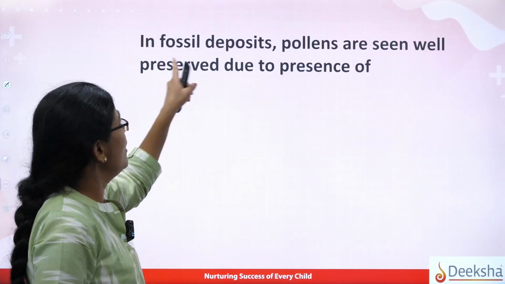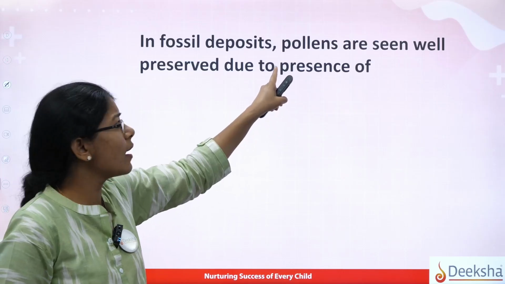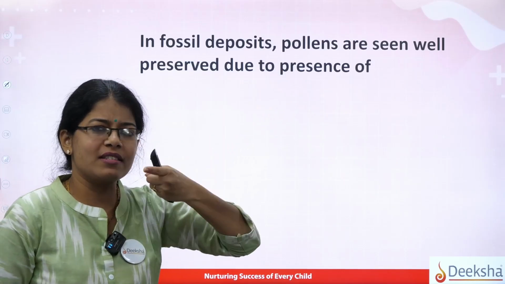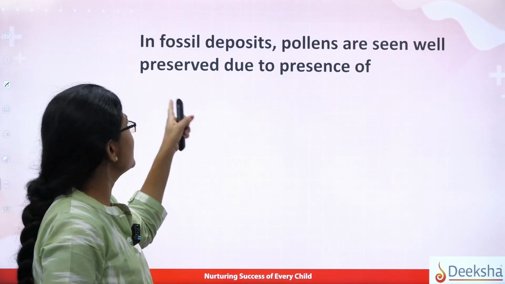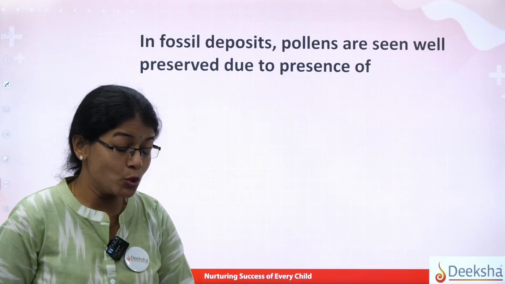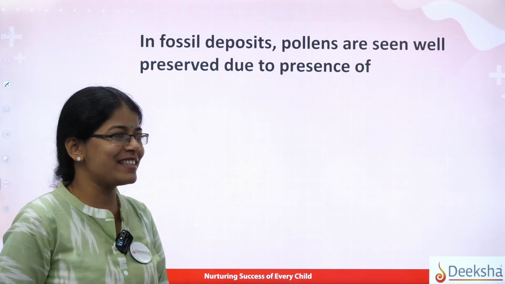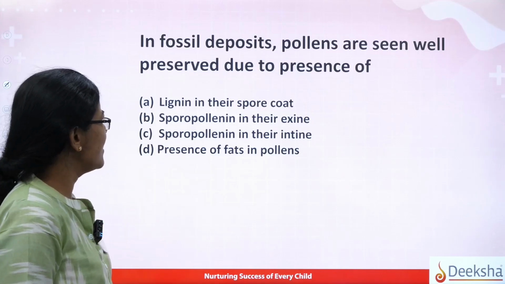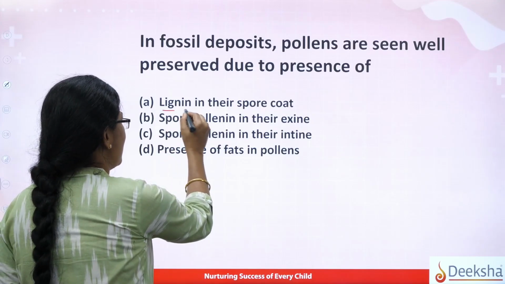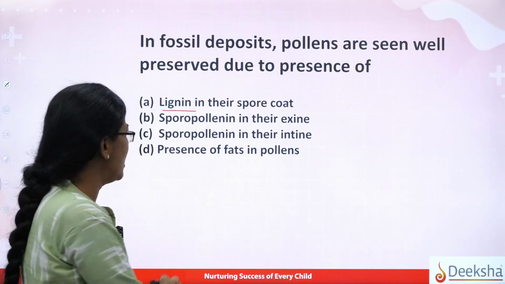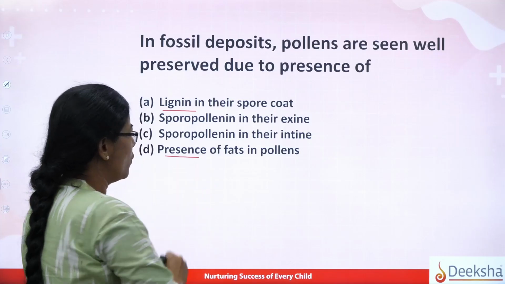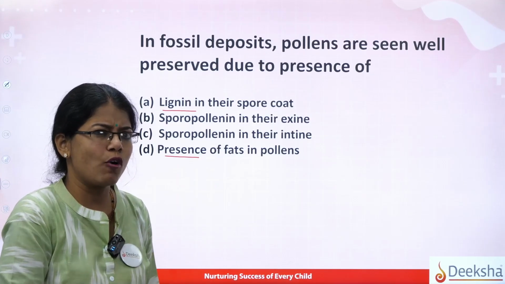What is it? In fossil deposits, fossil, you know the answer, correct? Pollens are seen well preserved due to the presence of what? Just as we have discussed, right, the answer here is not connected at all with respect to fossil formation.